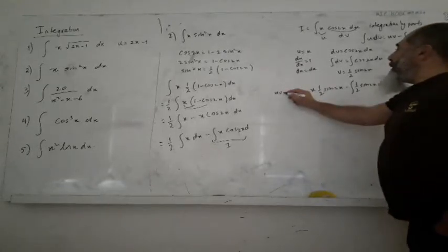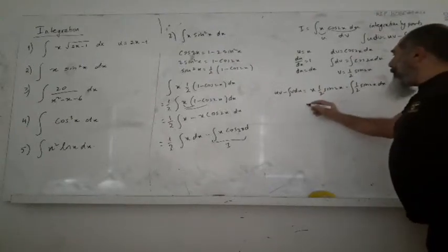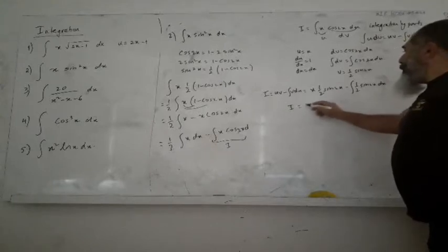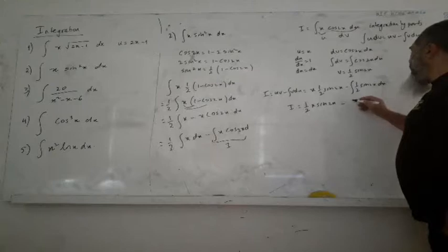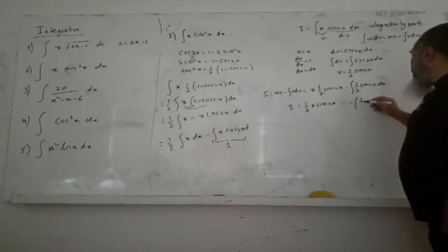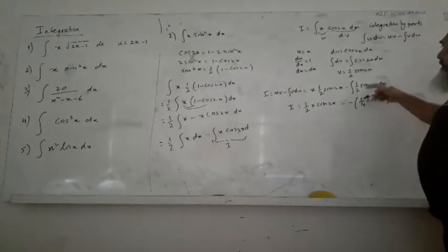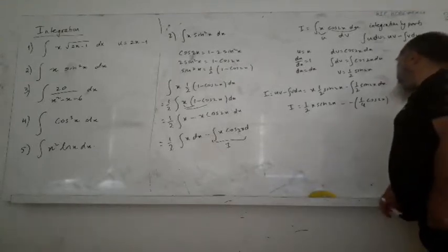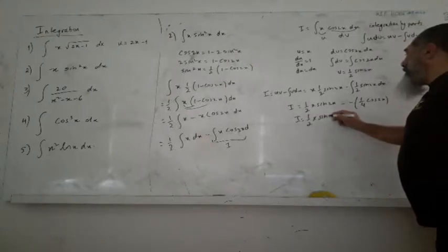So I is going to be 1 over 2 x sine 2x minus, and you have to remember that the integration of sine 2x is minus 1 over 2 cosine 2x. So I is equal to 1 over 2 x sine 2x plus 1 over 4 cosine 2x.